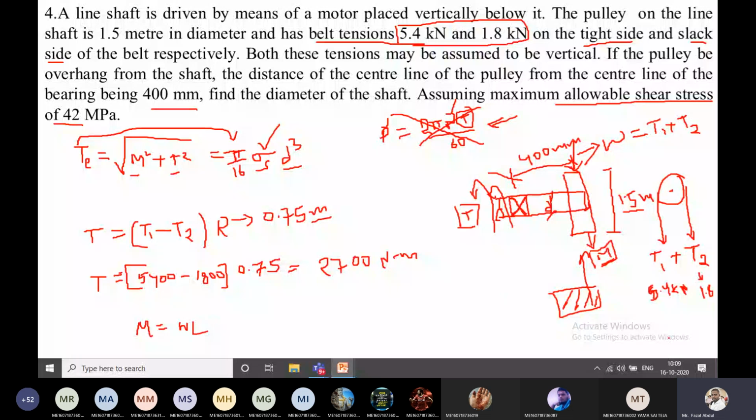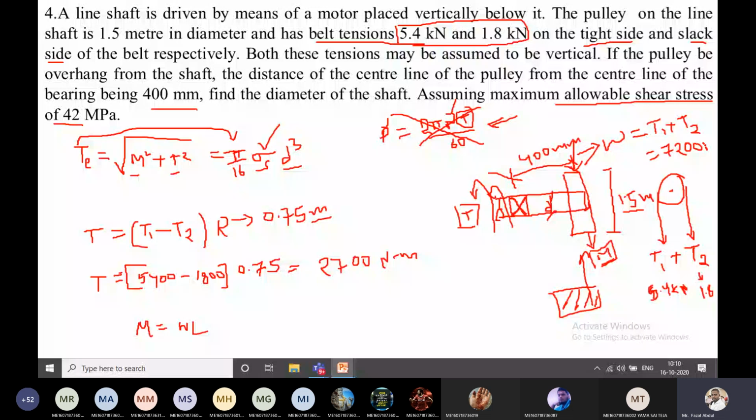It means 7.2, which means 7200 Newtons. Now, what is the length here?